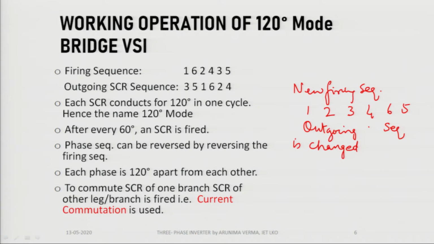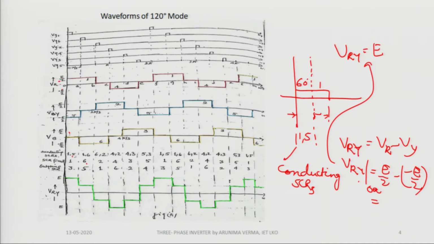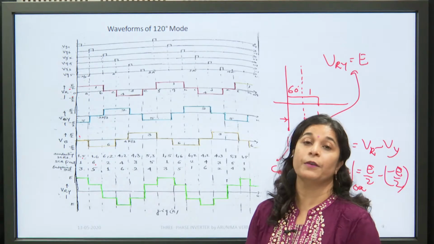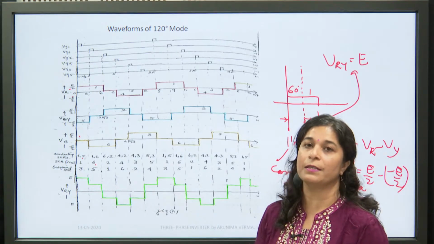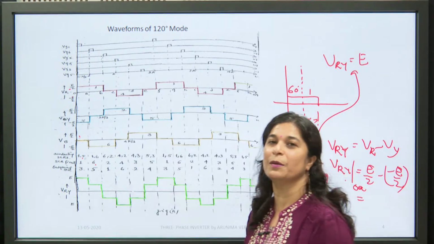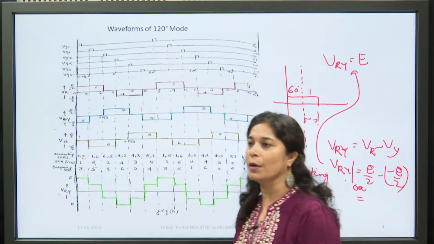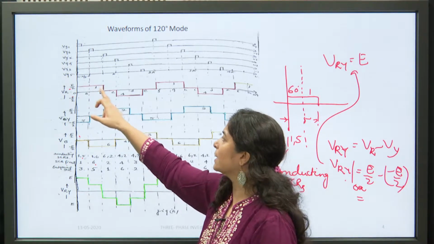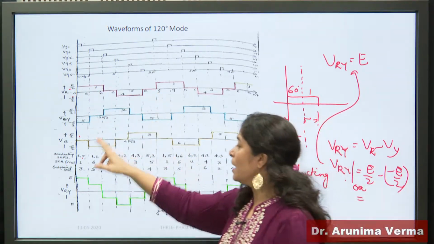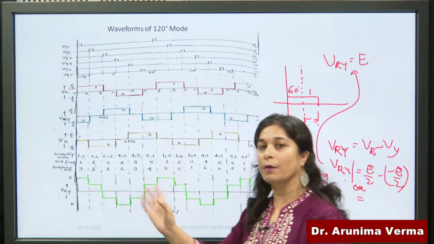Now, as you can see from the waveform, all the phase voltages are 120 degrees apart because it is a 3-phase supply. So, obviously, in a 3-phase supply, if they are balanced, each of the waveforms will be 120 degrees apart, and that is reflected in the waveform as well. The same will be available for line voltages.